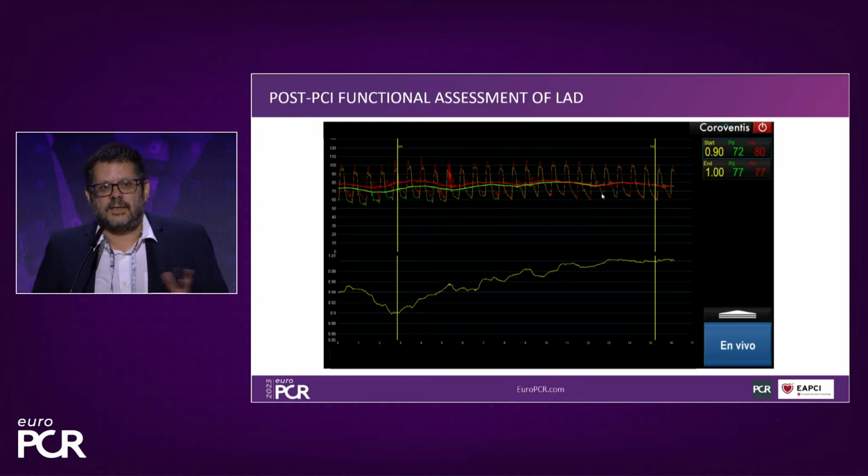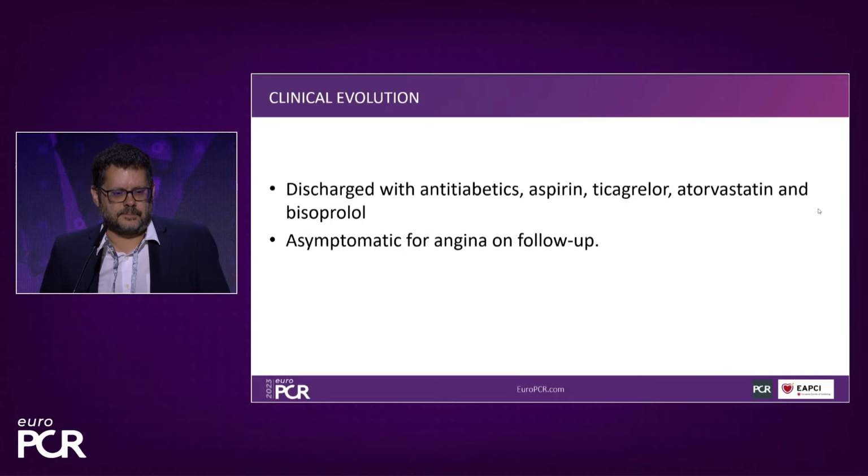There are many studies, and everyone has a different cutoff point, but 0.90 is a pretty good value. Then we have a pullback which shows that there's no risky step-up of pressure in the stent, which is also good because an under-expanded stent could give you a signal in the pressure tracing.